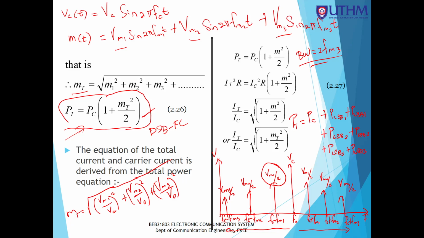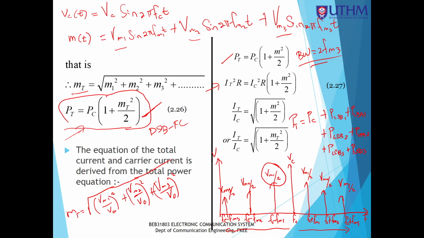Okay, so go back to this slide. We know that we use the total modulation index. If we know the total modulation index, we can calculate the total power using the simplified equation. Here we can also change the power into currents.